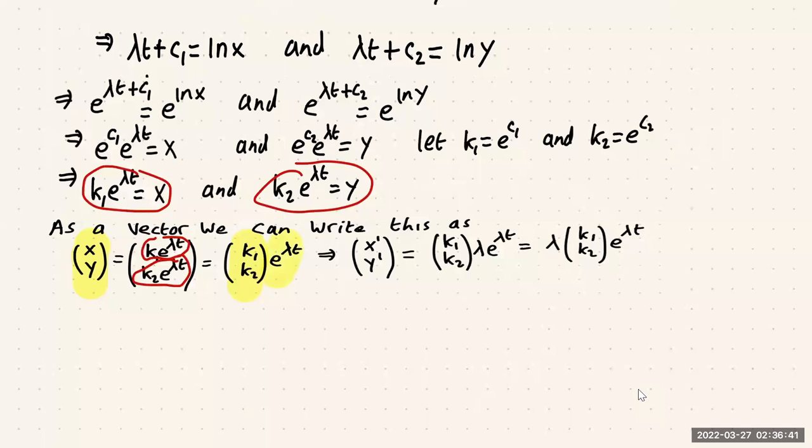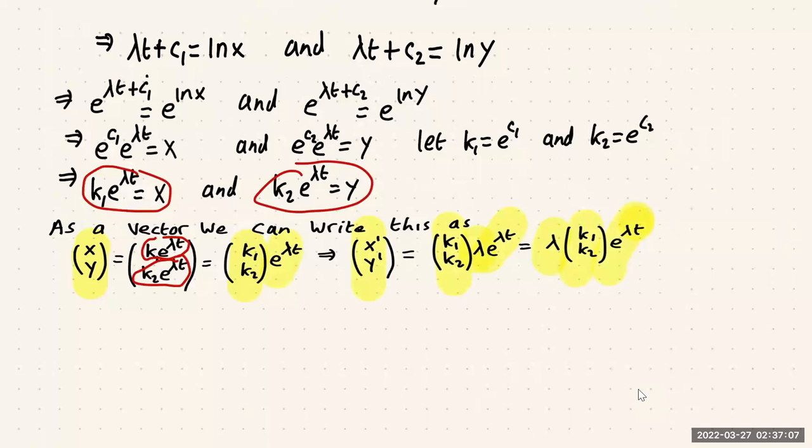Taking the derivative of this would give x prime, y prime. It'll be k1, k2 times the derivative of e to the lambda t, which is lambda e to the lambda t. So it can be written as lambda times the vector k1, k2 times e to the lambda t.